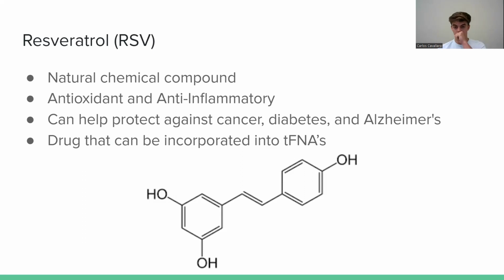It's known to help overall bodily health. It helps with, as I said, reducing inflammation, promoting organ health, and it can help to protect against cancer, diabetes, Alzheimer's, diseases such as this, and also overall help with increasing insulin sensitivity, increasing the effectiveness of insulin within the body.